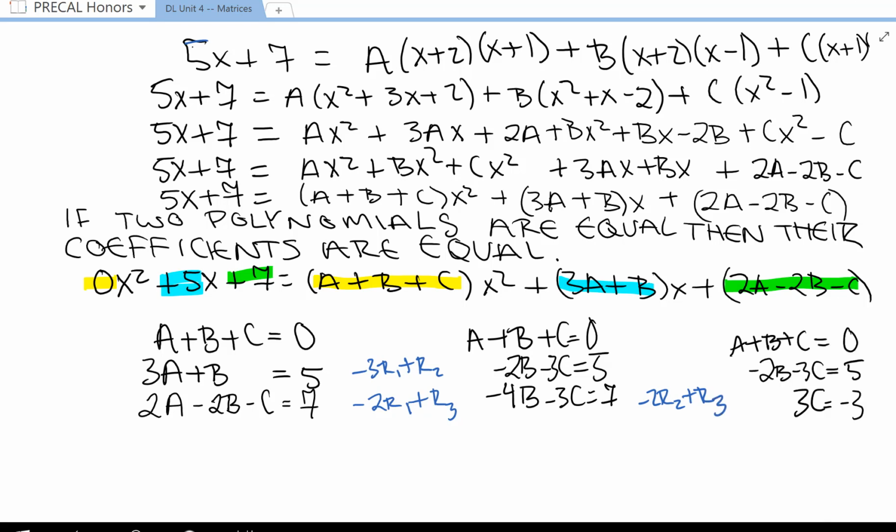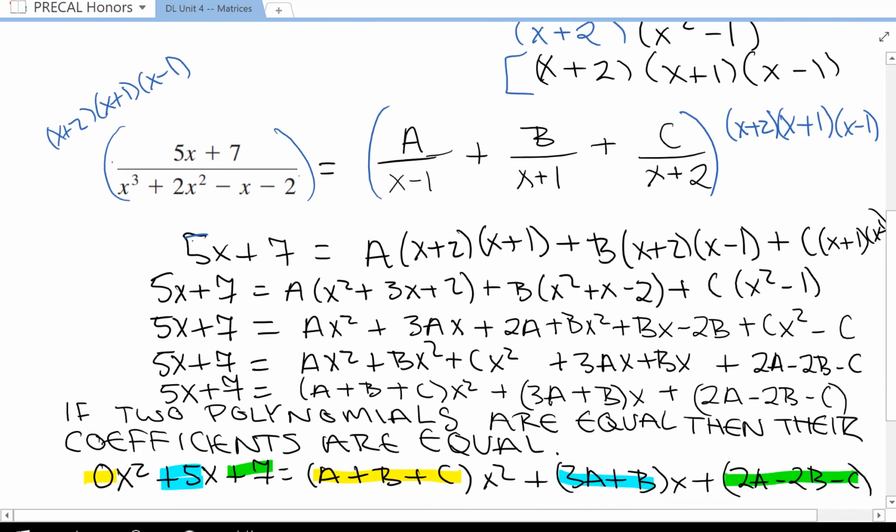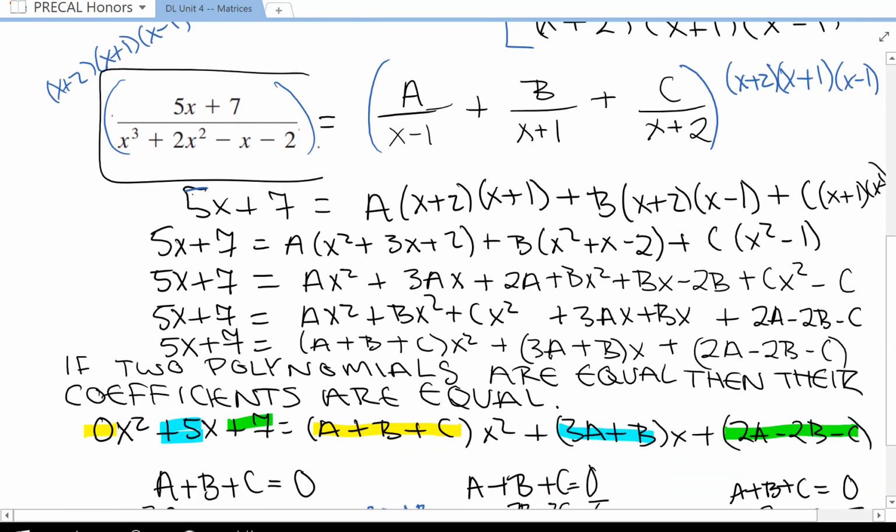Through back substitution, we can find that C is equal to -1, B is equal to -1, and A is equal to 2. So, what is the partial fraction decomposition of this original fraction?